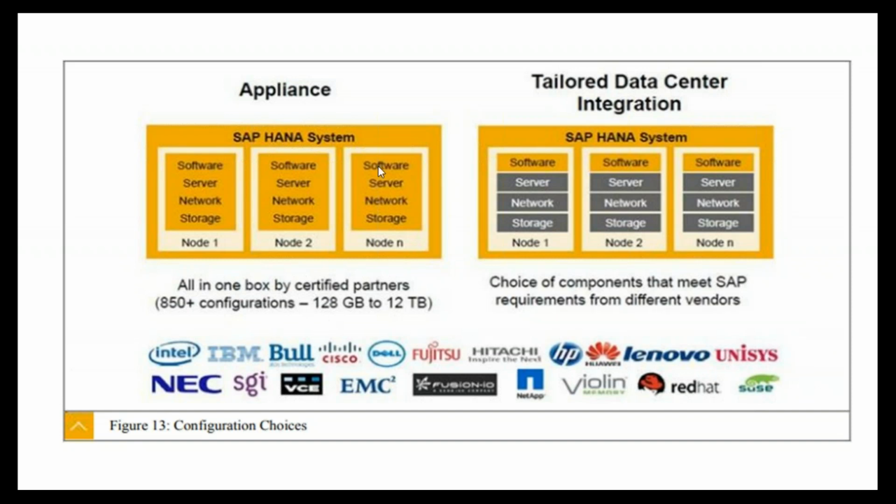SAP first prescribes a standard one, and if the client does not want it and wants something else, then they can go for the customized one. But even if it's tailor-made, you still have to buy it from these authorized vendors only, and that too through SAP only.